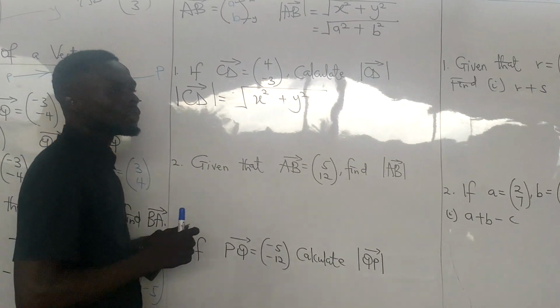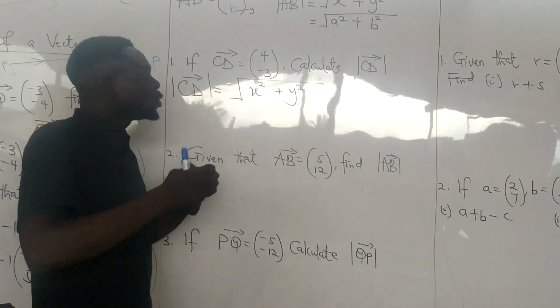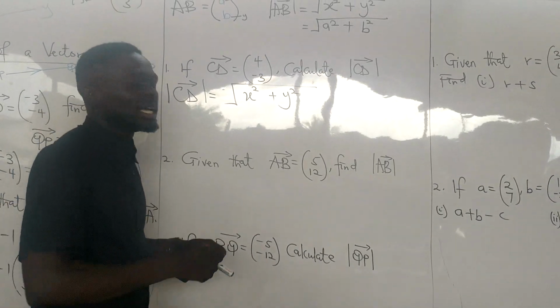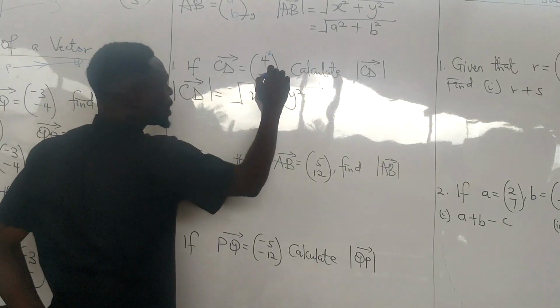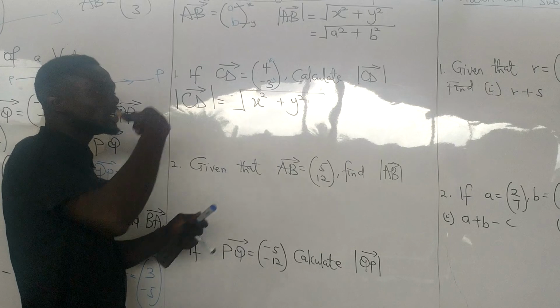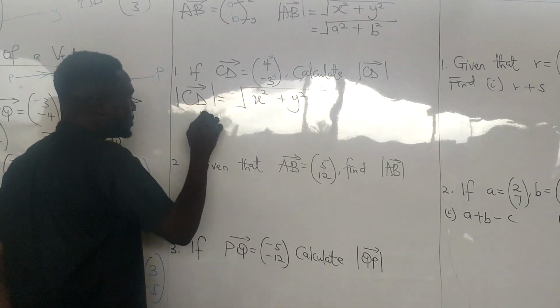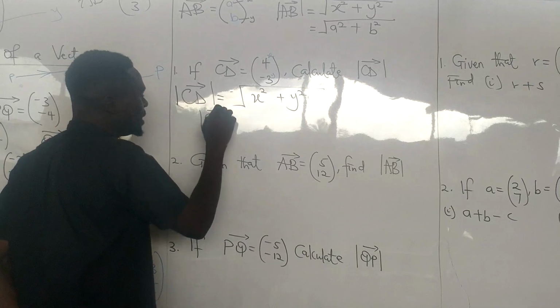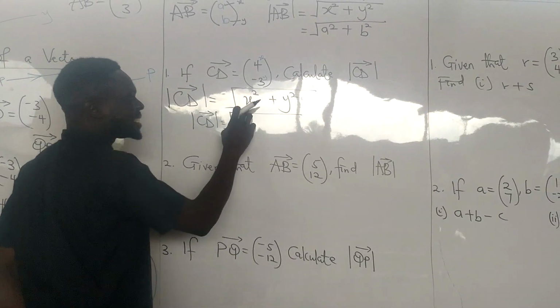So ask yourself, what is the x component in this vector, and what is the y component? The x component is 4, and the y component is -3. So just substitute in the values. The magnitude of vector CD is equal to the square root of x squared.